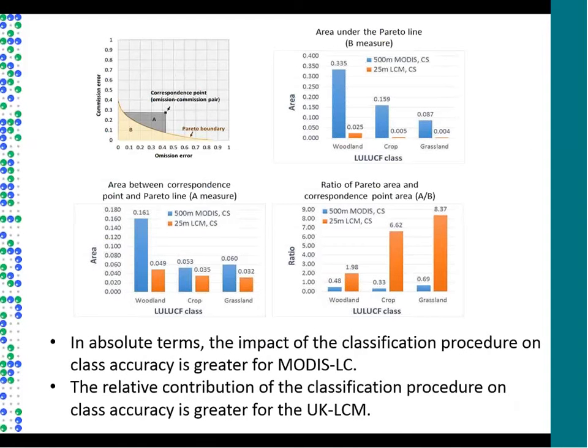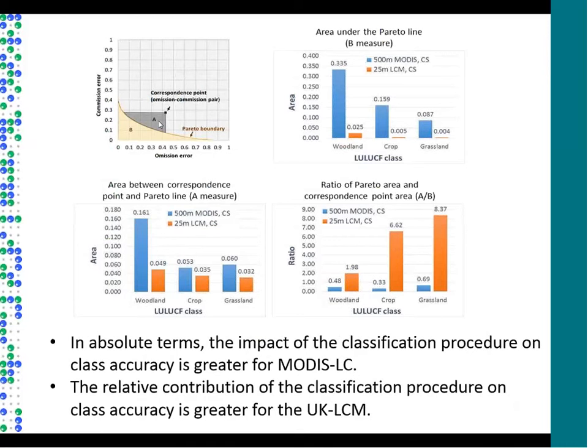Okay, let's have a look at the data in a slightly different way and look at these area measures. Now remember, area B represents the contribution of the spatial resolution to the overall classification error, and area A represents the contribution of the classification procedure to the error. Okay?